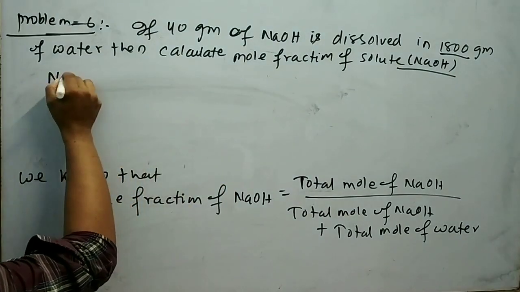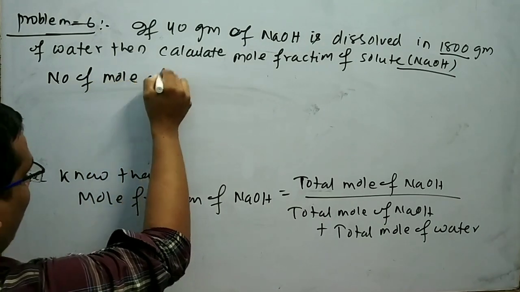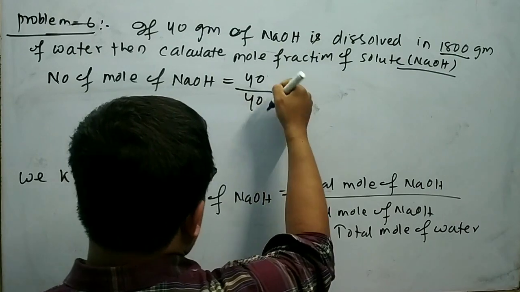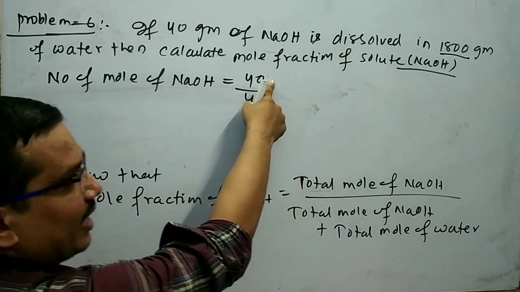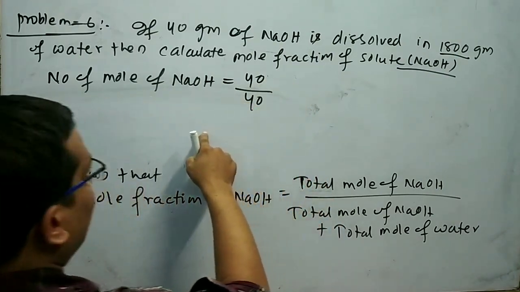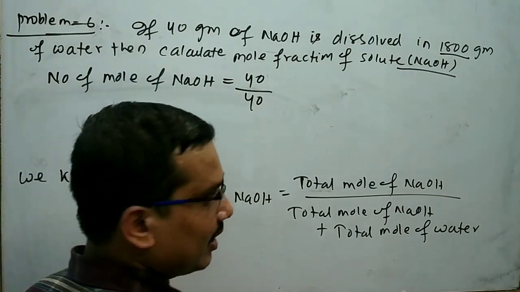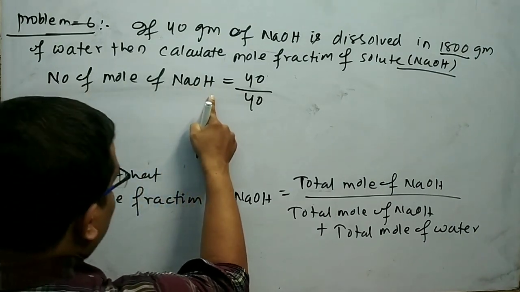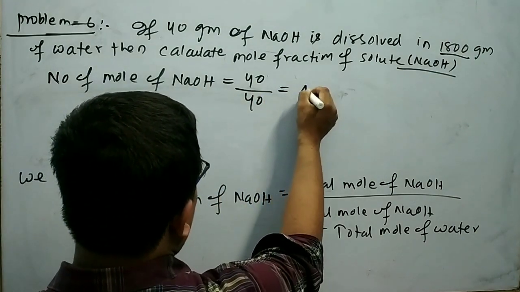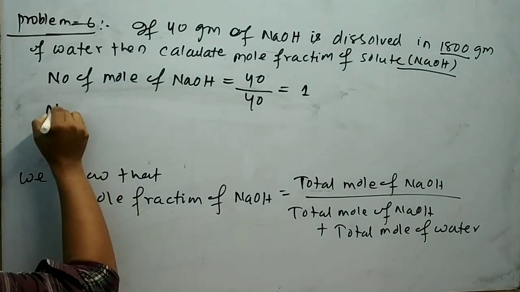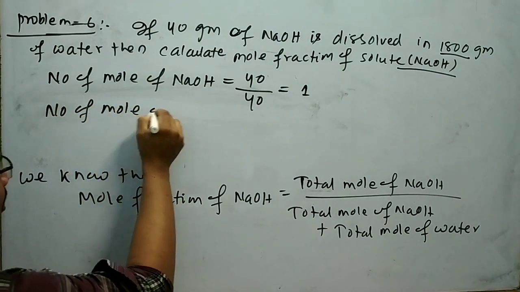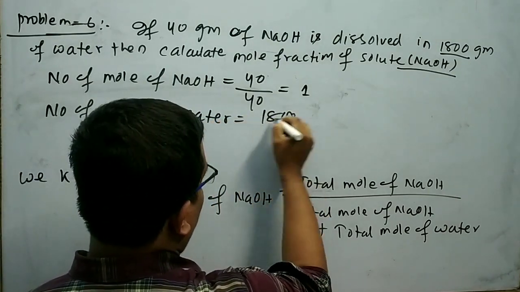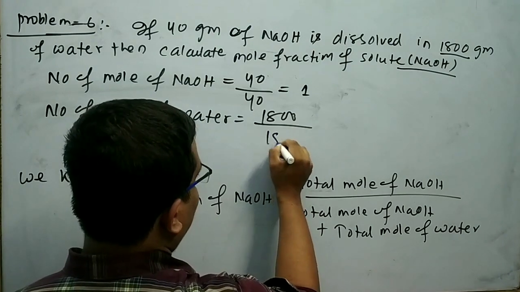So I can write number of mole of sodium hydroxide equals 40 by 40. Here weight of sodium hydroxide is equal to 40. Molecular mass of sodium hydroxide is also 40. So number of mole of sodium hydroxide equals 1. Similarly, number of mole of water equals 1800 divided by 18.